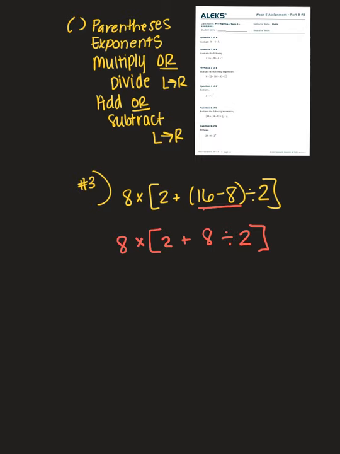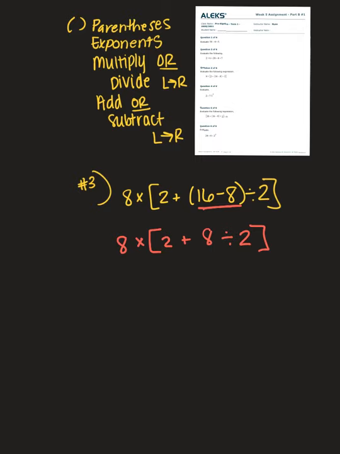Like I said before, we treat each set of parentheses like an order of operations problem. So I have these brackets in this case, same thing, grouping symbols, and I'm going to go to the inside of that. Inside I have 2 plus 8 divided by 2.